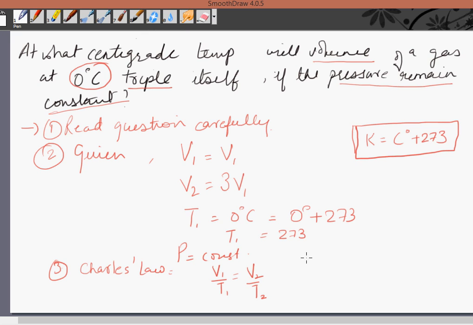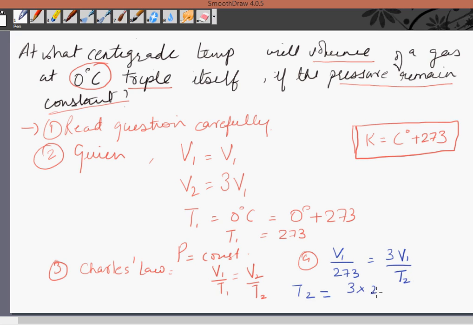Just put the values. So I'm putting the values in this: V1 upon 273 equal to thrice of V1 upon T2. So what will be the value of T2?